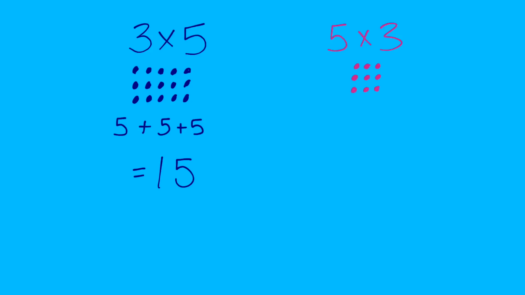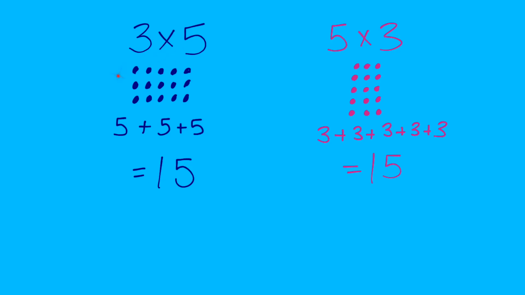There's another group of 3. That's 4 groups of 3, and that's my 5th group of 3. So I had 3 plus 3 plus 3 plus 3 plus 3, and I can add up my little dots and I know that that makes 15.